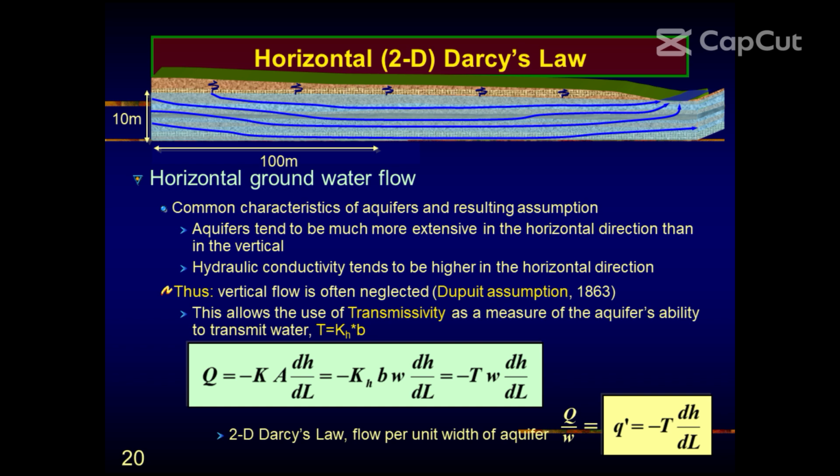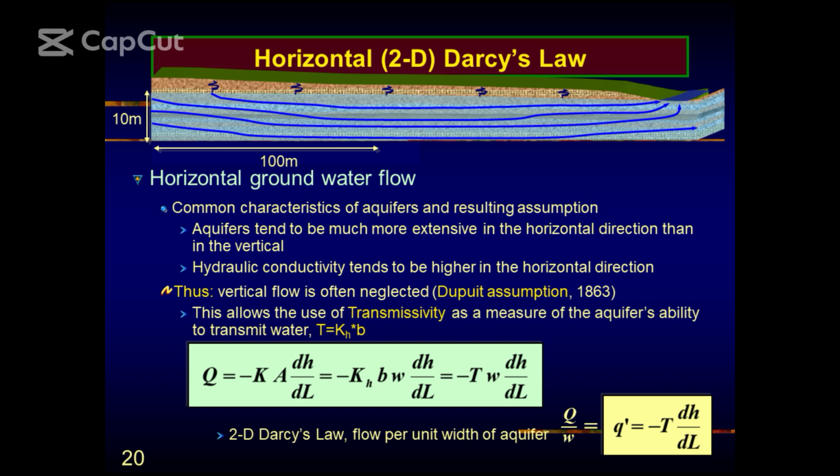And this product, KB, determines how the aquifer transmits the water through the entire thickness of the aquifer. Because this is B, the thickness.